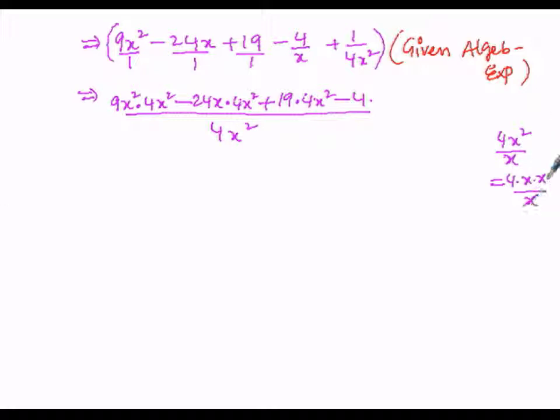So 1 x gets cancelled, that is equal to 4x. So here x into 4x is nothing but 4x square. So 4x into x, that is x into x is x square, that is 4x square, plus numerator 1 is written as it is, into 4x square and 4x square, 4x square into 1 is 4x square.